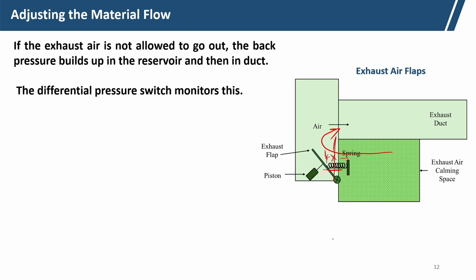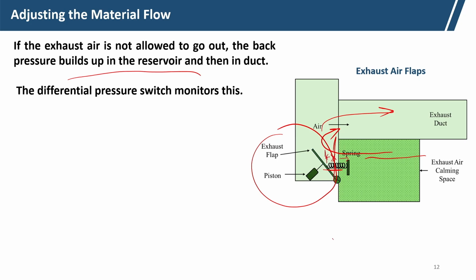Now, if the exhaust air is not allowed to go out, back pressure builds up. So you have to allow the exhaust air to come out. Here again there is an exhaust flap. Earlier we saw the feeding flap or accelerating flap, and this is the exhaust flap.